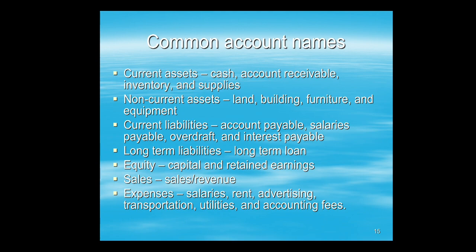So you can see here, the accounts that are related to assets are cash, account receivable, inventory, and supplies. Everybody knows cash. If there is a business, the business must have cash. So cash is an asset.